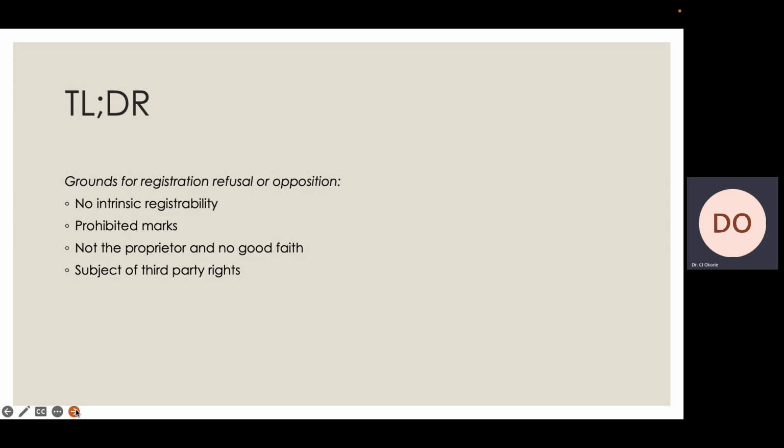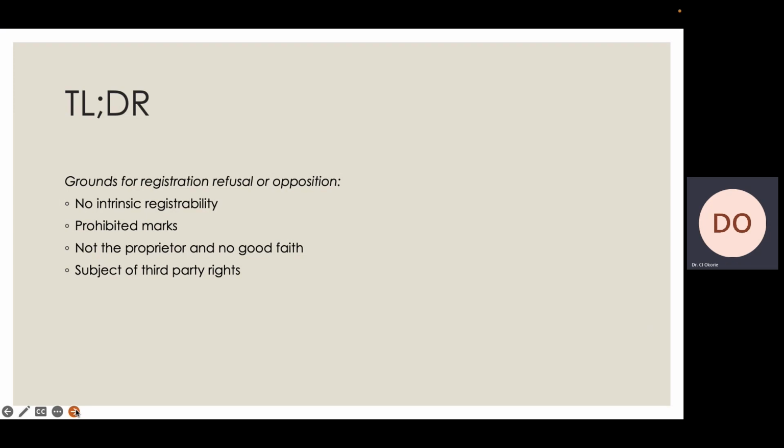And if they are going to do so, it will be on these grounds: that the mark is not registrable intrinsically, or the mark is prohibited in law, or you're not the proprietor of the mark and there's no good faith on your part, or that the mark is subject to third-party rights. And if they can successfully establish any of these grounds, then your mark will not be registered.